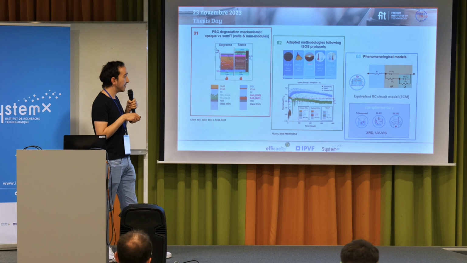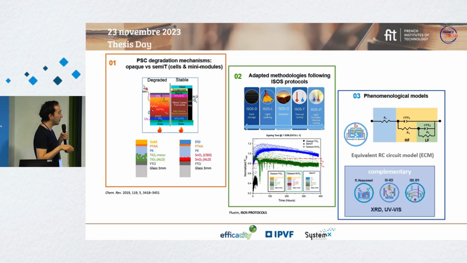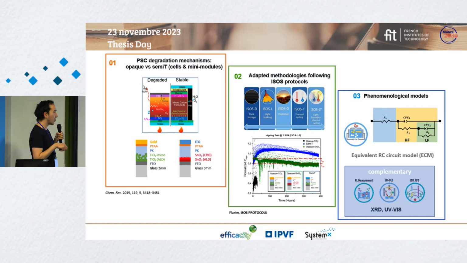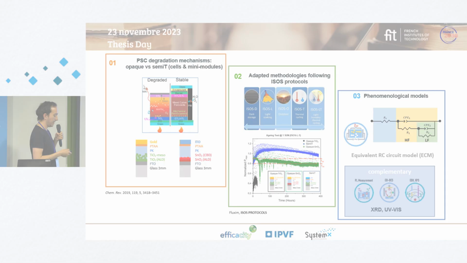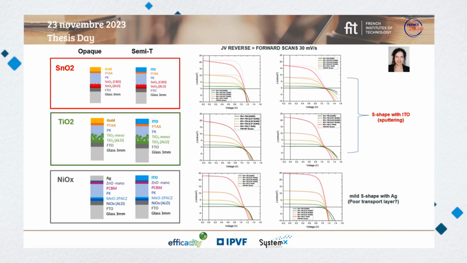After we follow these mechanisms with these protocols, we try to elaborate some models, and we use some complementary techniques to corroborate the changes, for instance, chemical changes on the perovskite absorber or at the interfaces, or migrating elements. So this is the general context, and now let's go to some examples, some results.